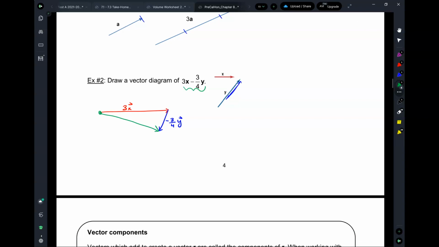The blue is the vector 3x. This is just negative 3/4 y. But that sum, that quantity, 3x minus 3/4 y, is the green over there.